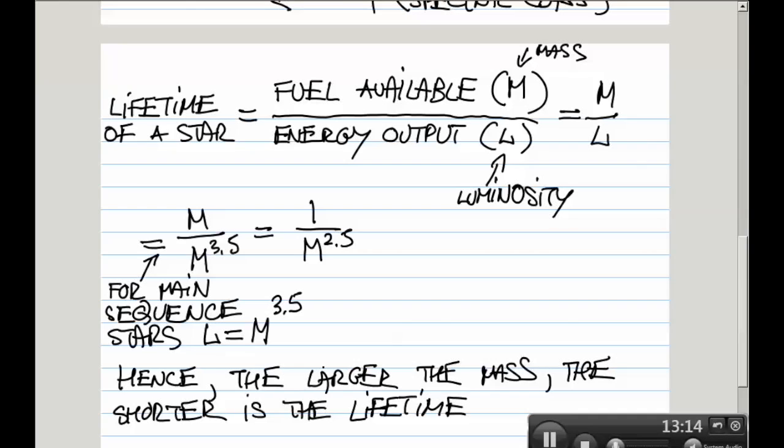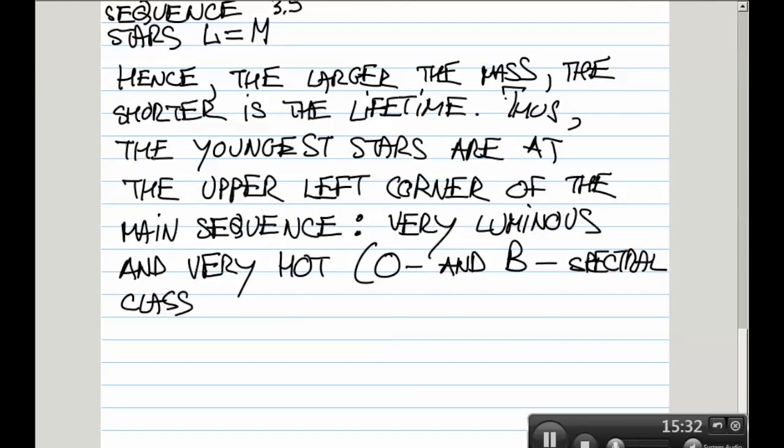Because if we can see them, that means that they were formed not that long ago compared to, say, our sun, which was formed about 4.5, 4.6 billion years ago. So when we look at these stars through a telescope, we always find that they are surrounded by clouds of gas and dust.